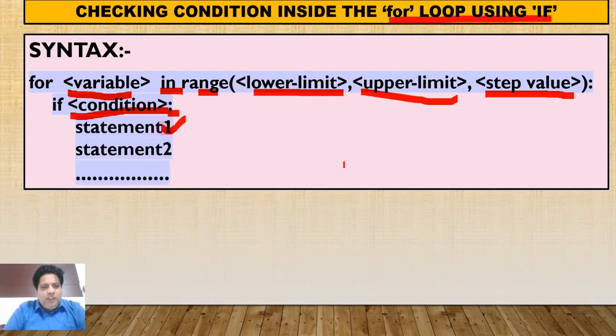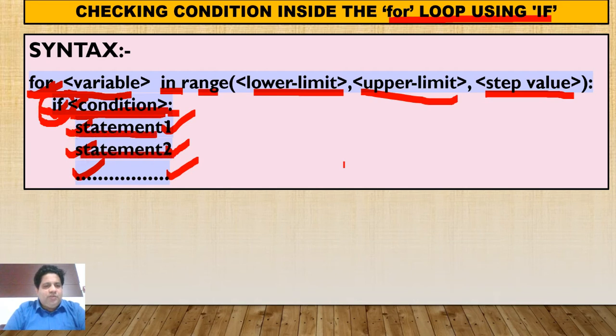See, these are the statements that you are writing inside if. Now see, if is inside for loop. See the indentation. If is inside for loop and these statements are written inside if. Are you getting my point? You are writing for loop, then inside for loop you are writing if, and inside if you are writing statements 1, 2 and so on.